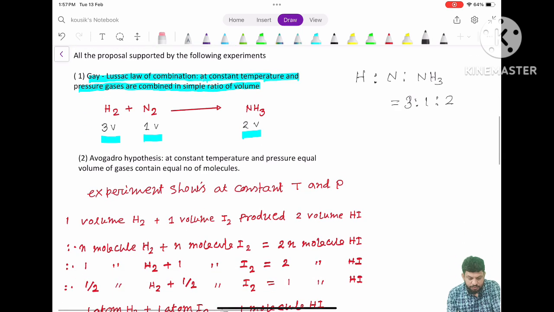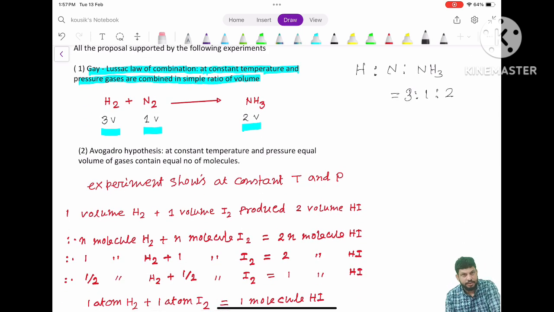Suppose we take hydrogen and iodine and they react to produce hydrogen iodide. 1 volume of hydrogen and 1 volume of iodine produce 2 volumes of HI, which is supported by Gay-Lussac's law. By Avogadro's hypothesis, if 1 volume of hydrogen contains n molecules of H2, then 1 volume of iodine also contains n molecules of I2, and they produce 2n molecules of HI.